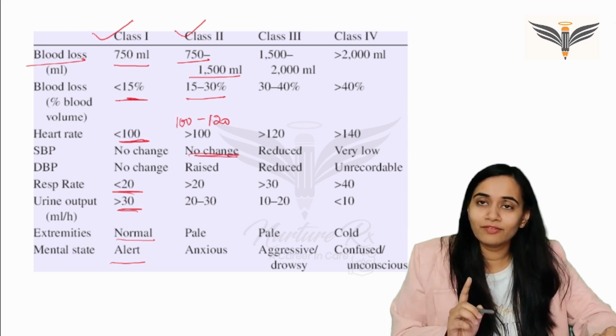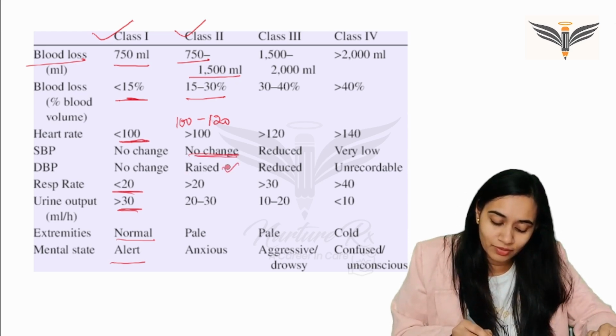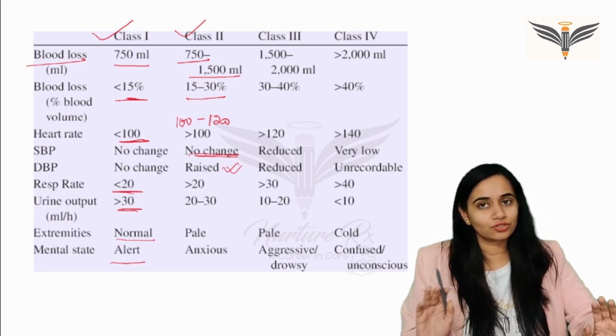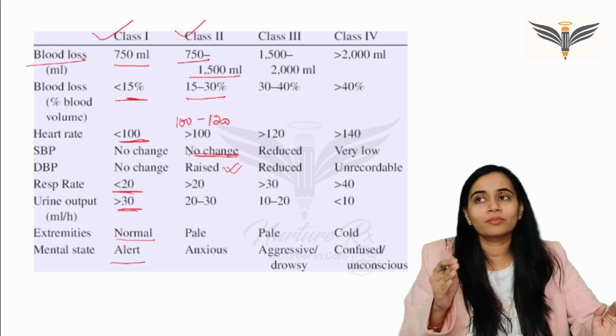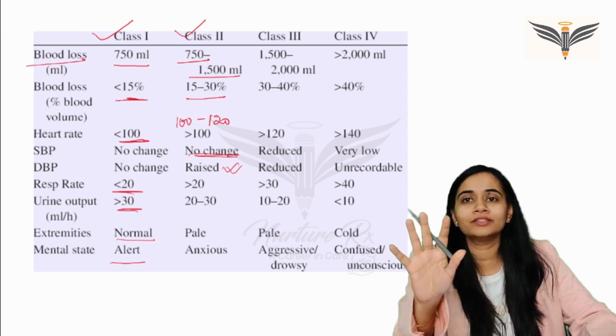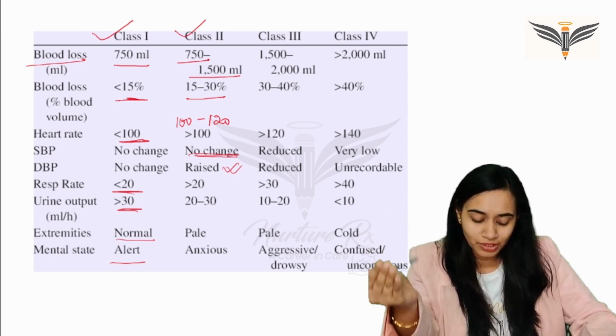Systolic BP will not be changed in grade 2 shock, but your diastolic BP will be raised. Respiratory rate also increases here. Urine output slightly decreases; here it says it is 20 to 30, but it usually remains the same. There is not much effect on the urine output.